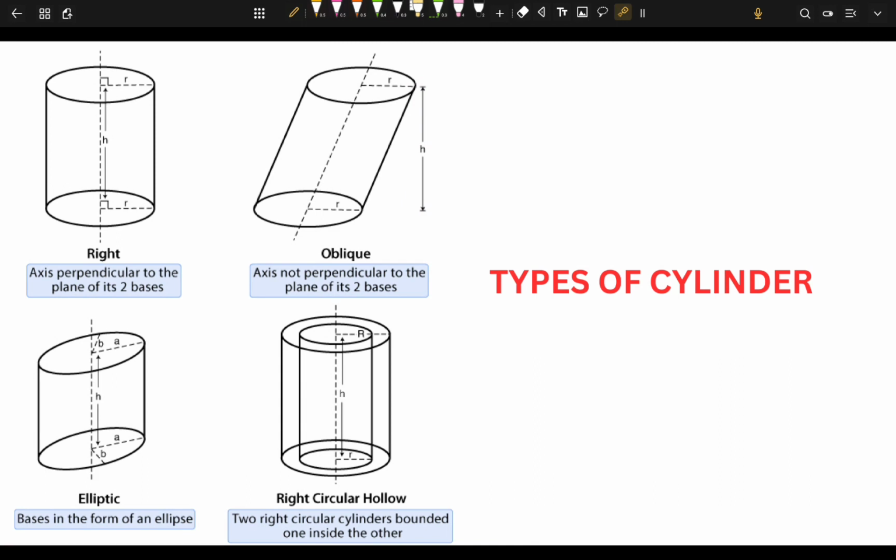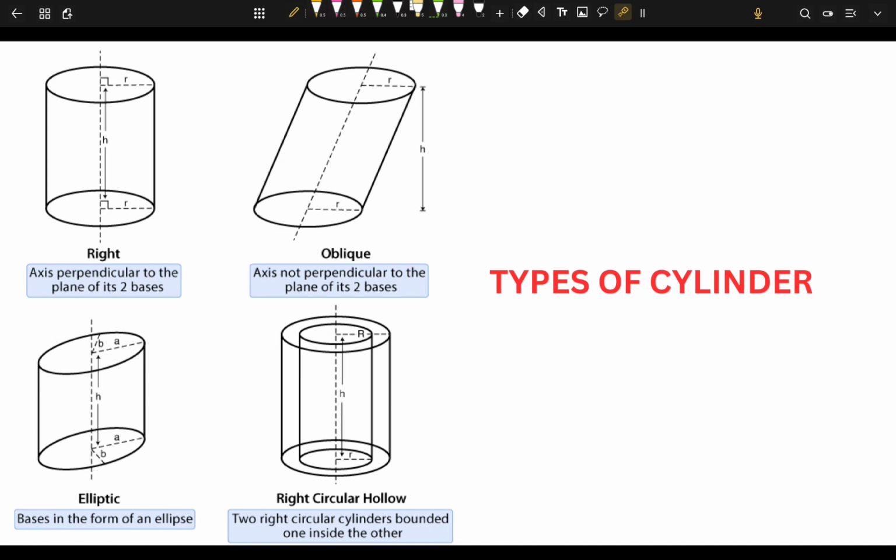Okay. Sunod natin is yung elliptic na cylinder. So, pagdating po kasi sa cylinders, nakakategorize din po siya based doon sa ating bases. So, again, yung bases natin, meron tayong top, meron tayong bottom. Okay? So, doon, meron kasing circular, ibig sabihin, circle, yung ating base.